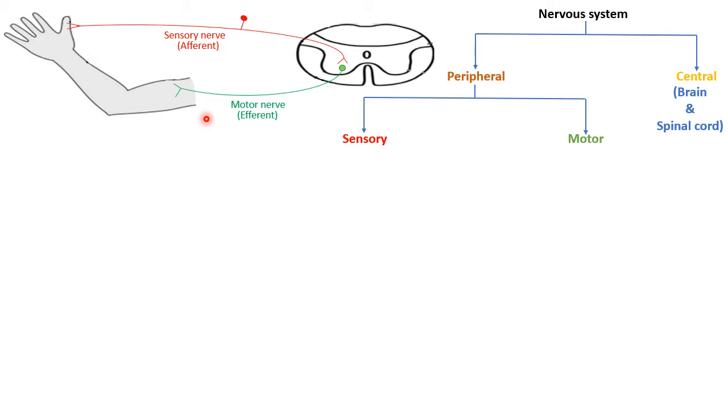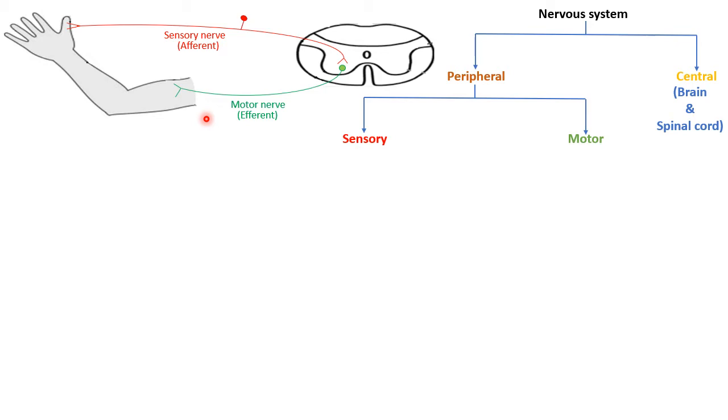But this motor or efferent nerve could supply an organ such as the heart, gastrointestinal tract, eye or blood vessels. These organs are involuntary organs.